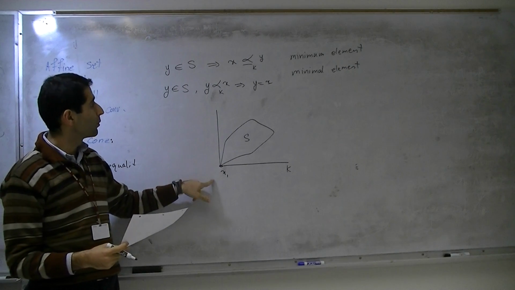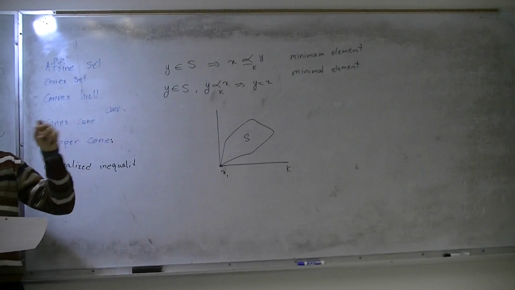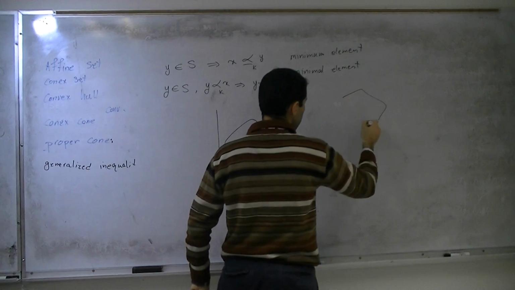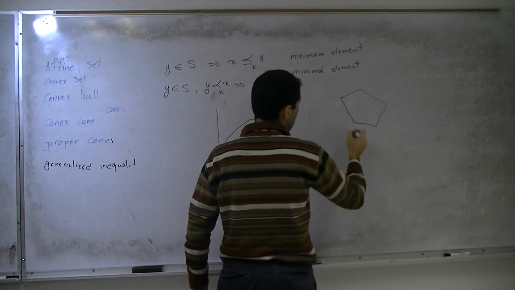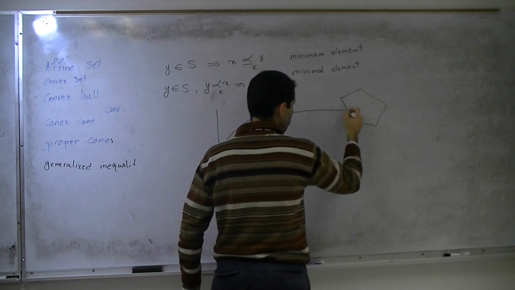The minimum element is stronger than the minimal element because we can define, for example, this set, and we have this point x1, and we define this cone.